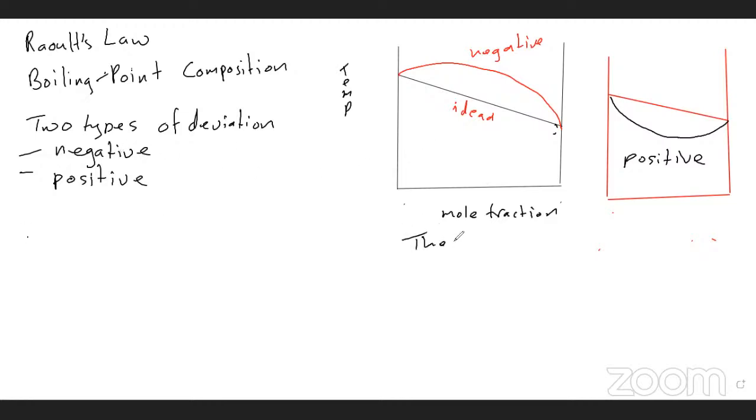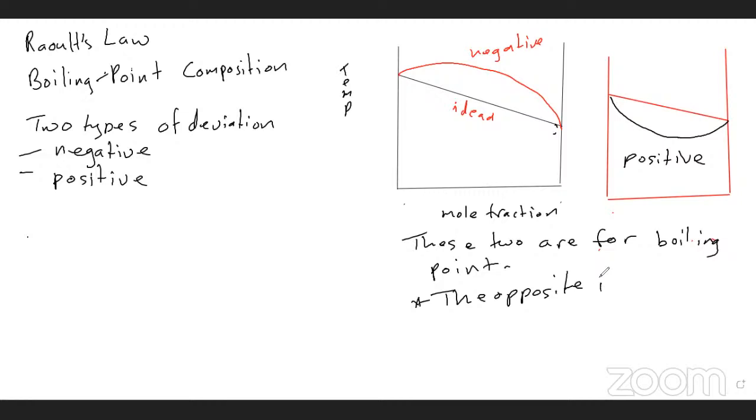So if you get a vapor pressure graph and you want to show positive or negative deviation, it will be the opposite.